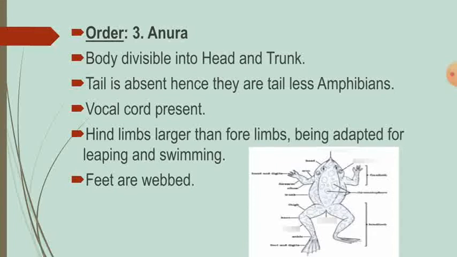Tail is absent in the adult, hence they are commonly known as tailless amphibians, and they are carnivorous and gill breathing in the larval stages.